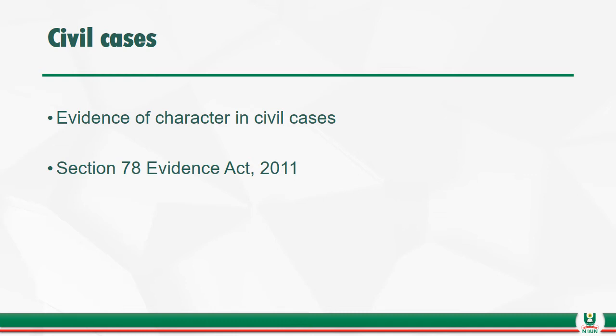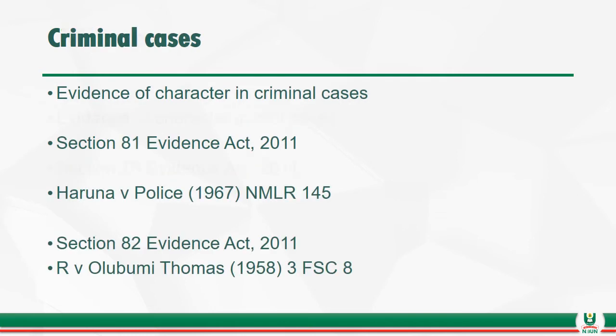Now let's look at character evidence in criminal cases. In criminal cases, let us look at section 81 of the Evidence Act. It says, in criminal proceedings, evidence of the fact that a defendant is of good character is admissible.